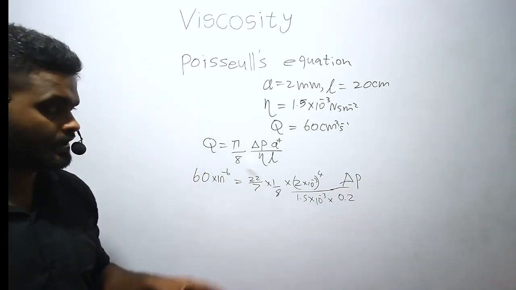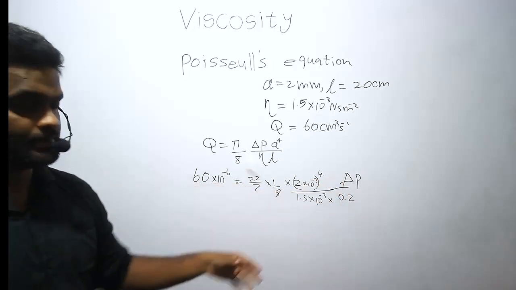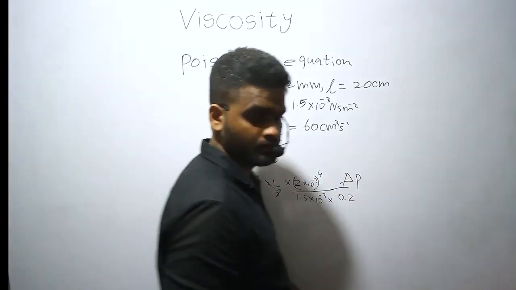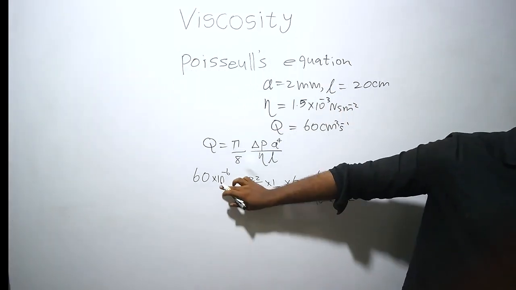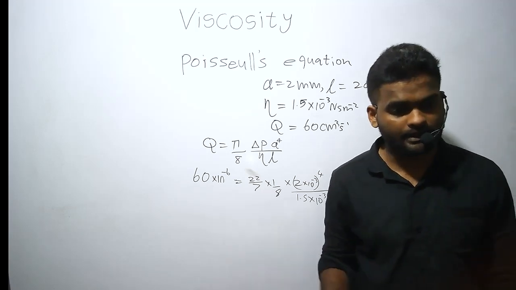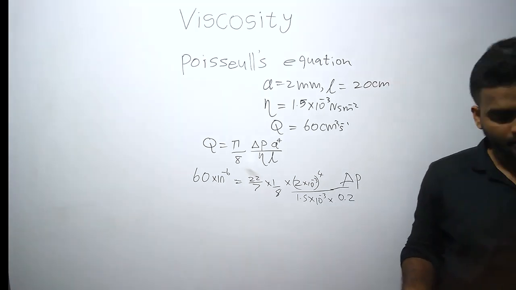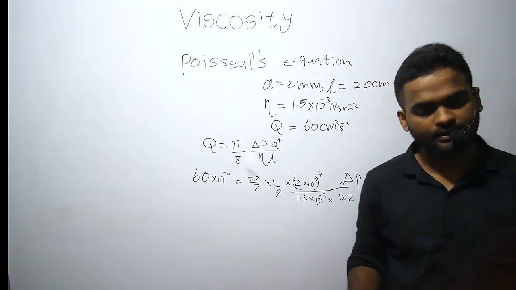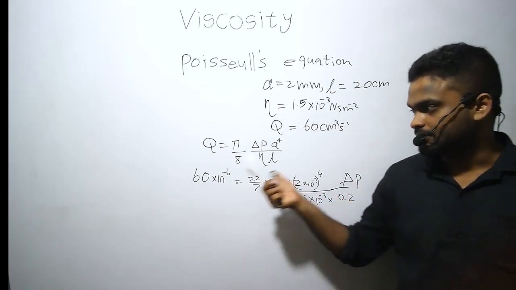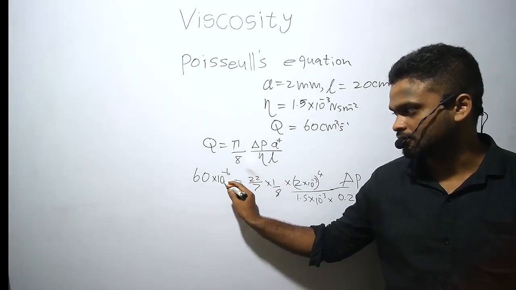Okay. So at home, find the value for delta P, right? Take this down. At home, find the value for delta P. So under that pressure difference, we'll have this much of a volume flow rate.